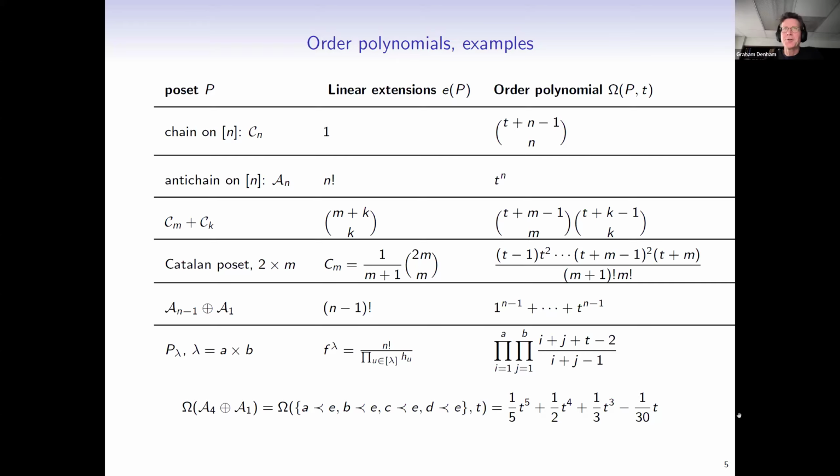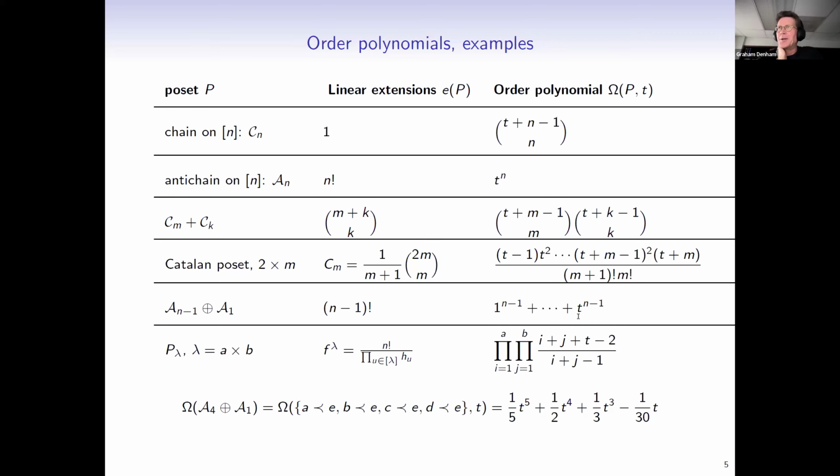I don't understand your notation for the order polynomial in the second last row, the anti-chain plus 1 element. Yeah, so this is a function, right? But it turns out it is a polynomial in t.